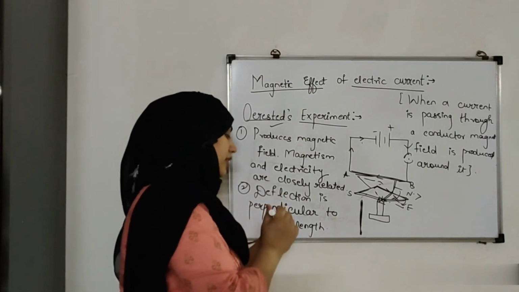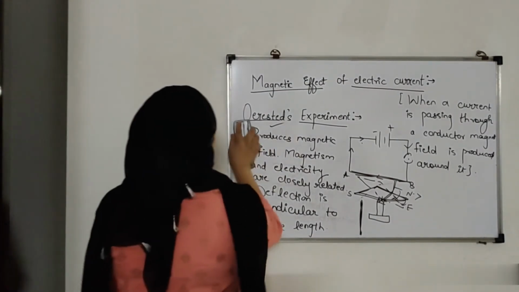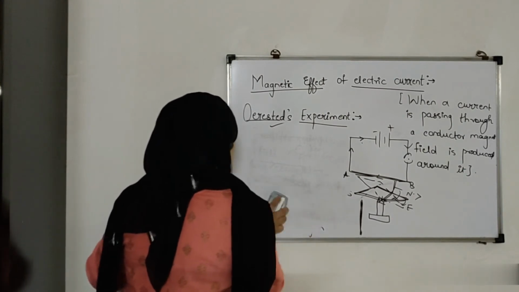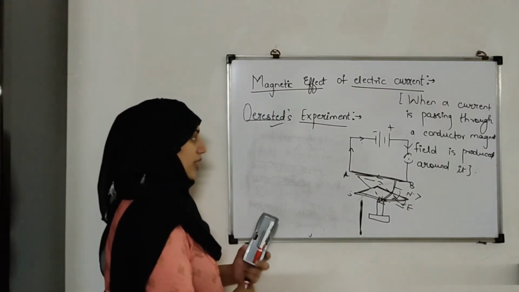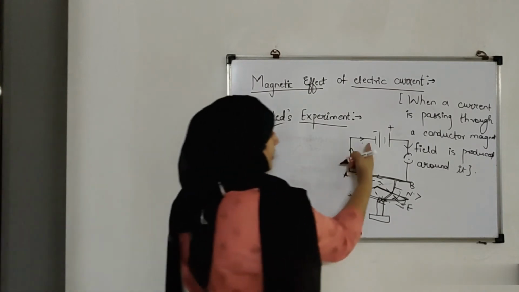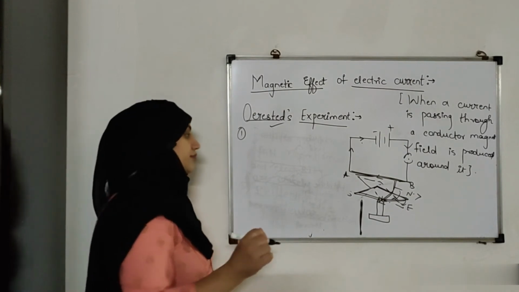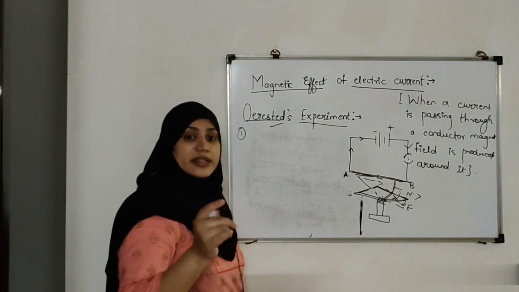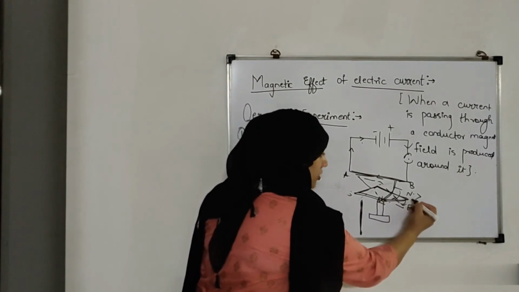Now taking the same circuit, we are going to see what happens if we stop the current flow, or if we reverse the connecting wires, or if we take the magnetic needle away from the conducting wire. Whenever the current is flowing in the circuit, the magnetic needle is deflecting. Suppose I stop the current now, the magnetic needle would again come to its original position in the north and south direction.